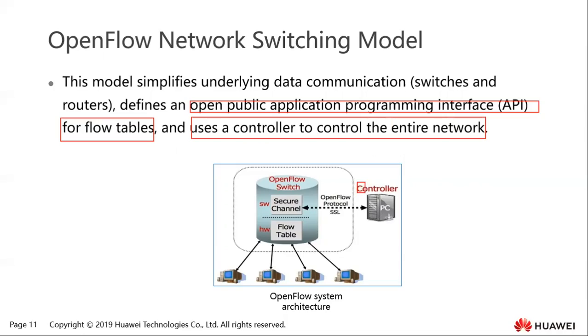What you're seeing here is that we have a controller. We are using the OpenFlow protocol to manage our devices. For example, we call them OpenFlow switches, and we are able to pick details and also give them what we call the flow table.